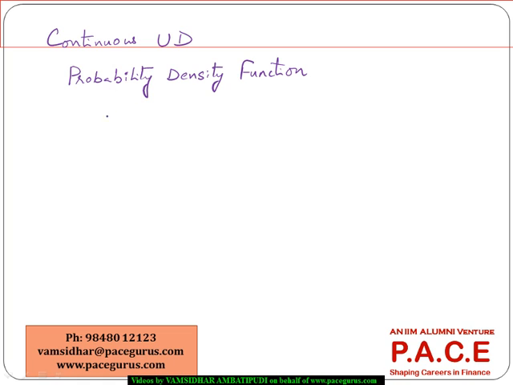For a uniform distribution, the probability density function is 1 by b minus a, as long as x is lying between a and b, and it is equal to 0 if x is less than a or x is greater than b. So as long as x is between a and b, the probability density of x is 1 by b minus a, which is uniform.